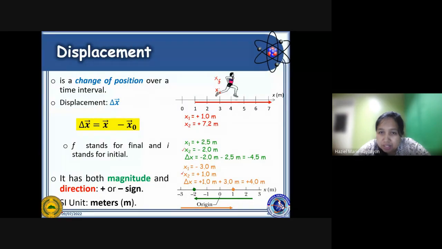Okay, so the displacement made by the runner is 7.2 meters minus 1 meter. So you have 6.2 meters. Okay? So that is how quickly you get the displacement for one-dimensional motion. Motion along the x-axis only.